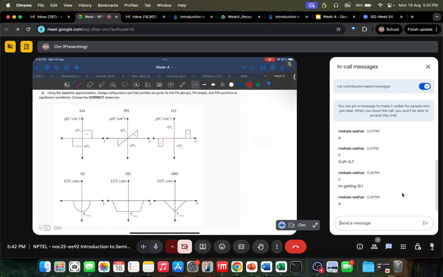Using the depletion approximation, charge configuration and field profiles are given for the PN abrupt junction, PN linear junction, and PIN junction in equilibrium conditions.